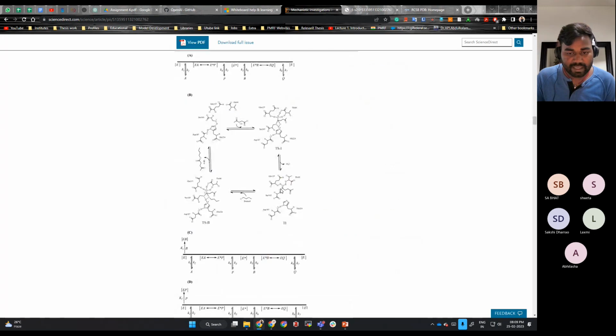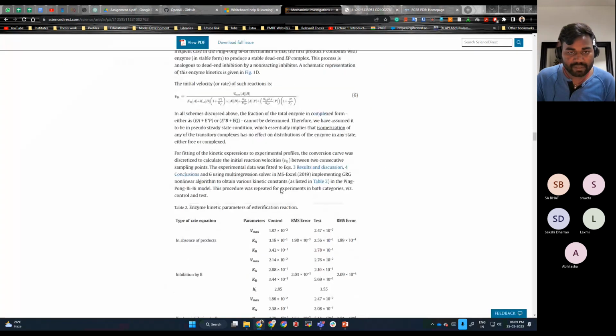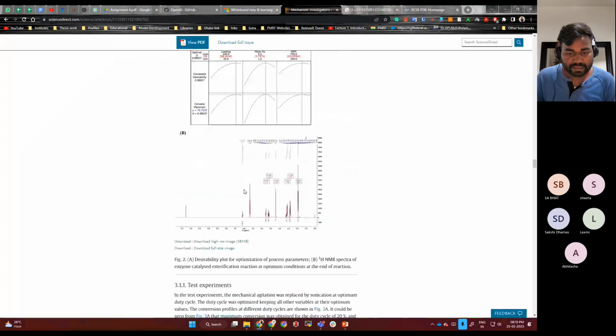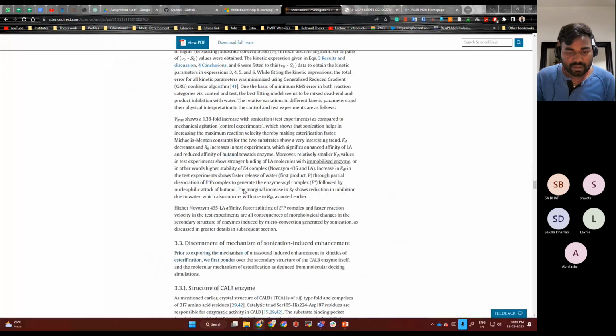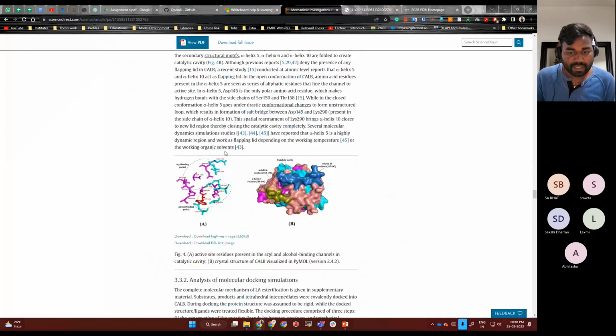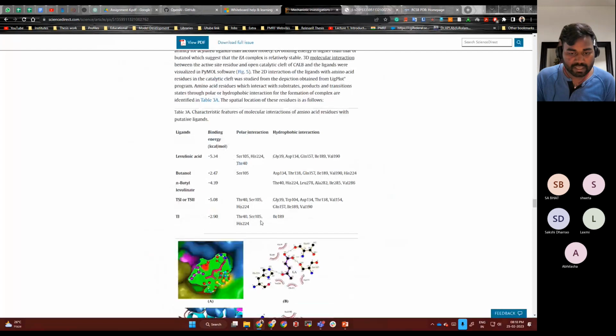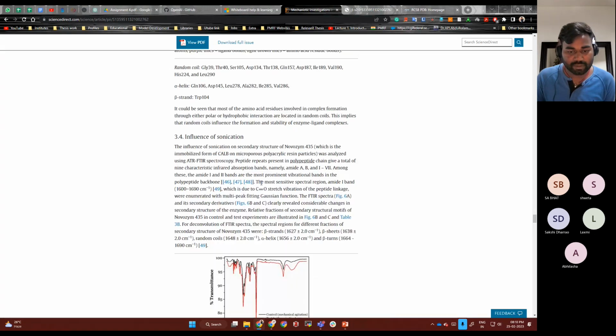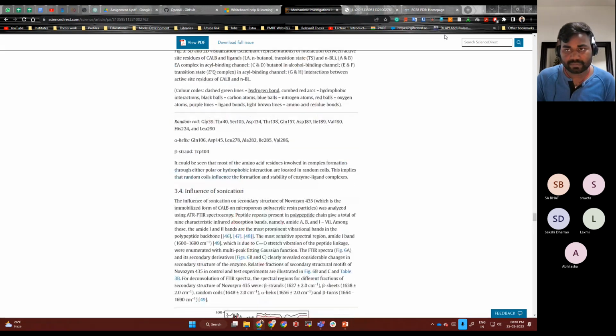And other than that, we developed the kinetic model, and then a more in-depth analysis of the binding pocket, and how all the amino acids are involved in the different binding, that we showed using the molecular docking.